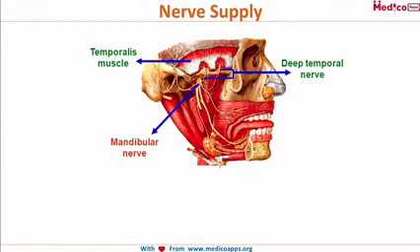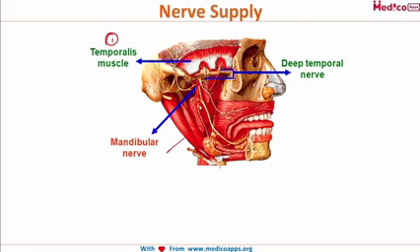So let me show you the muscles first. This is the temporal fossa and this is the temporalis muscle. In this image, they are showing you the nerve supply of the muscles of mastication. This is the mandibular nerve, the one which I'm marking. It's yellow, and when I mark it, it turns red.